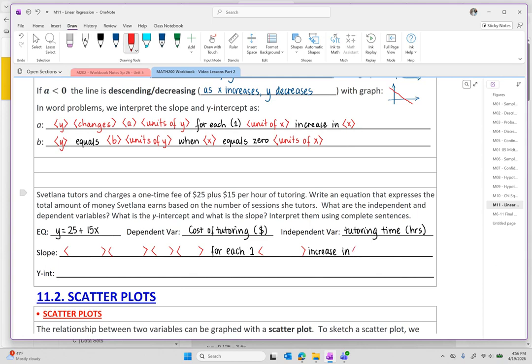I would replace all of these places with the names and the units and the values of the constants and the variables. So the y is the cost of tutoring. The slope is 15, so it's positive. So here I will say increases $15 for each 1 hour, the unit of x, increase in tutoring time.